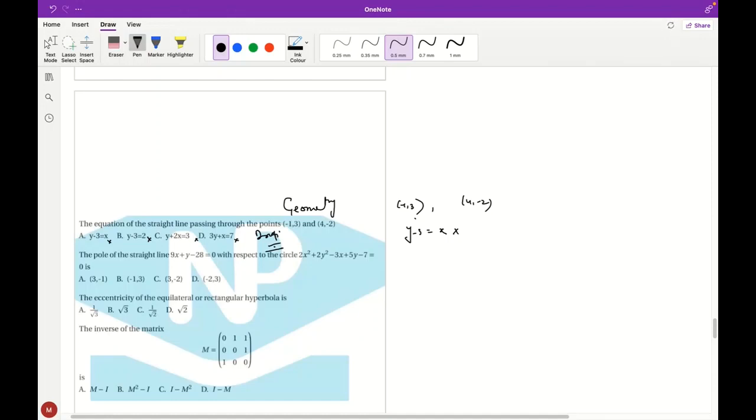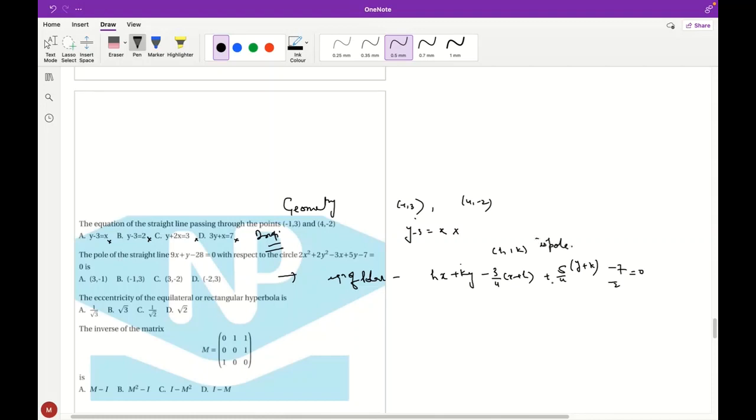Now come to another question. I will give a hint in this question, and you try yourself. The equation of the polar is given by hx plus ky minus 3 by 4 (x plus h) plus 5 by 4 (y plus k) minus 7 by 2.